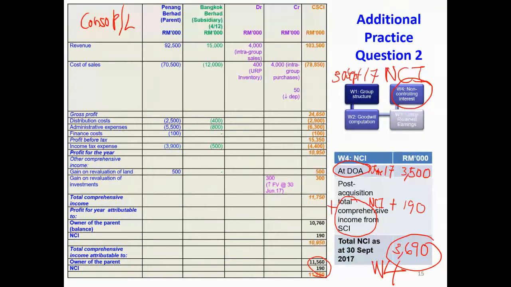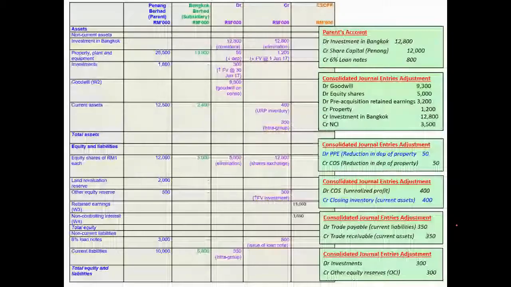Okay, so what you need to do now is I want all of you to prepare your consolidated balance sheet, refer back to all your journal entries, and transfer all your journal entries that are related to the balance sheet into your consolidated worksheet there.